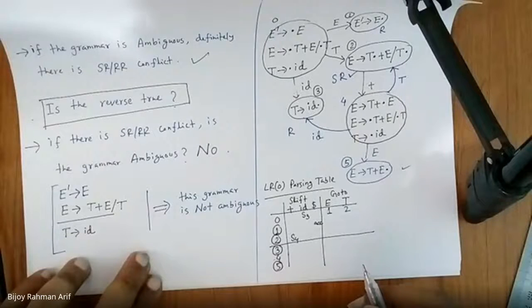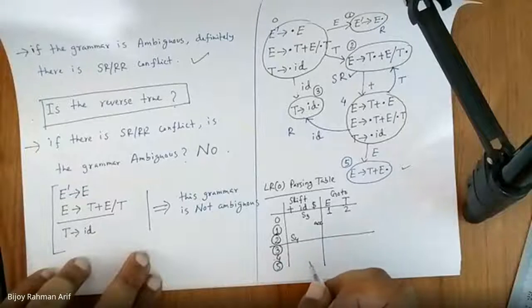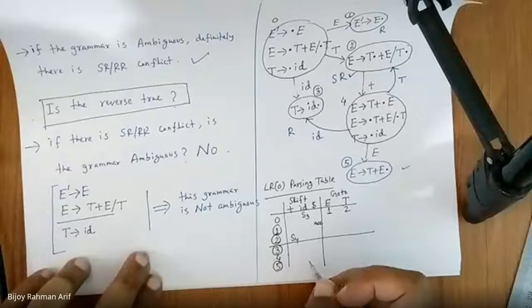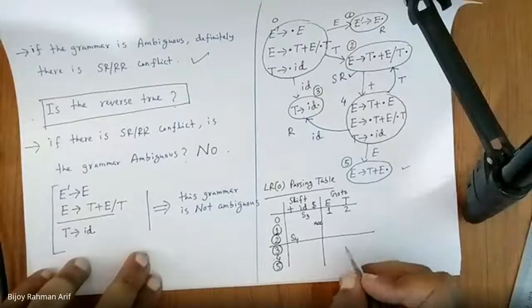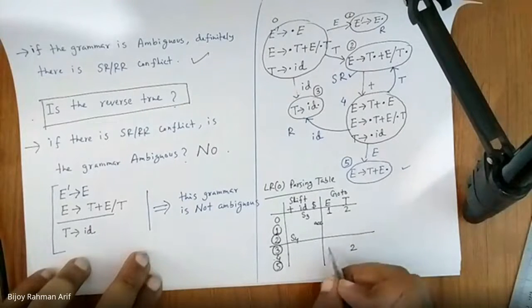What else? Nothing else. Then go to 3. 3 is the final item, filling later. Then 4. State 4 seeing T, I should go to state number 2. State 4 seeing E, I'm going to state number 5.